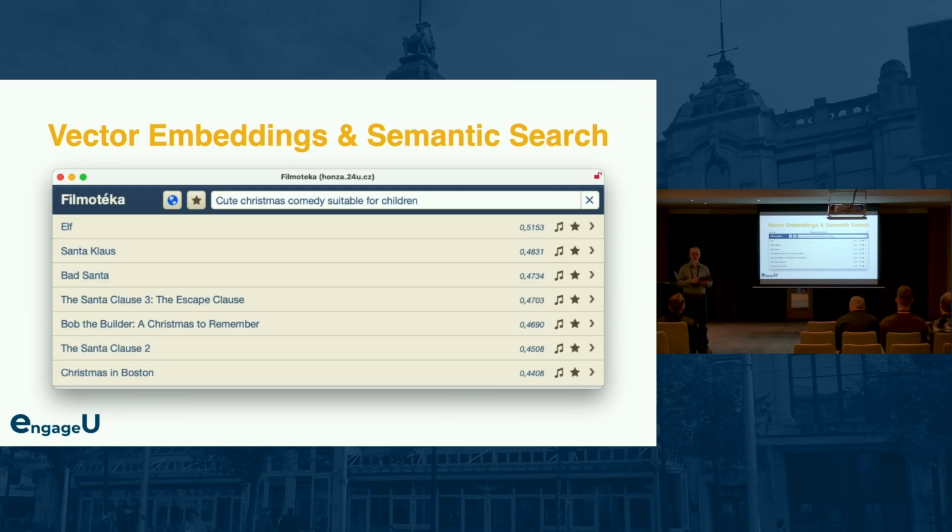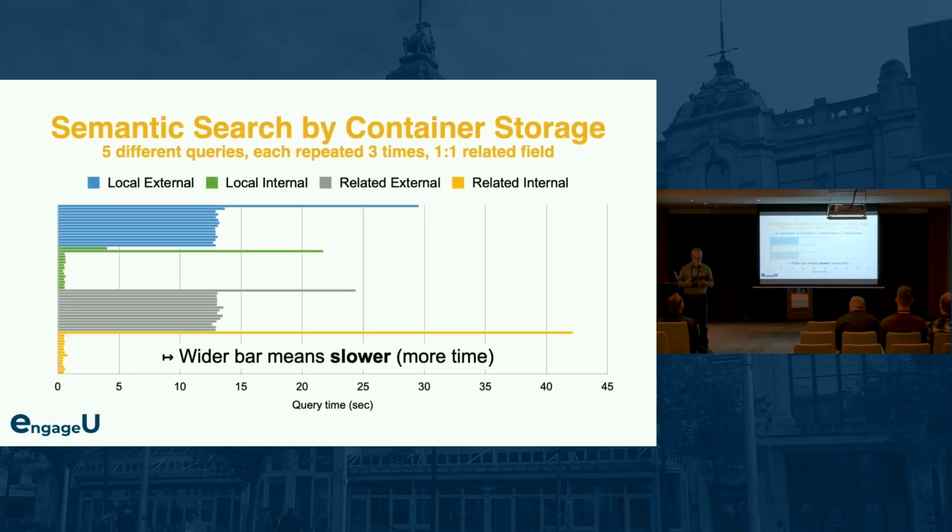First thing I tried was different ways to store the embeddings and how it affects the search speed. I used 4 different fields: 2 container fields in the same table and 2 container fields in a one-to-one relationship connected table.